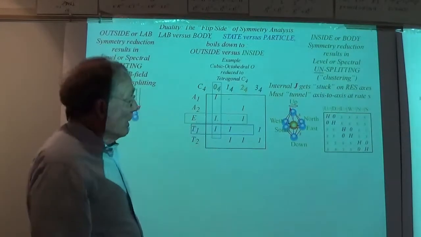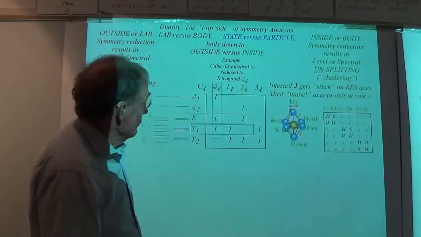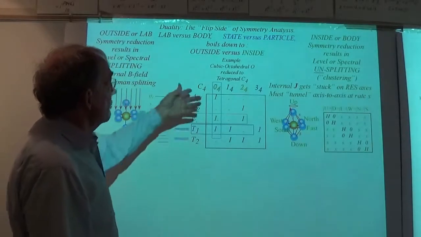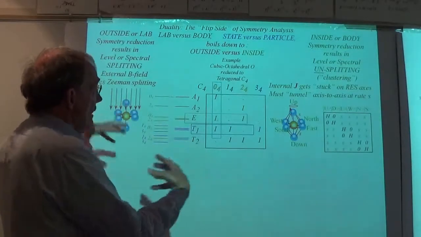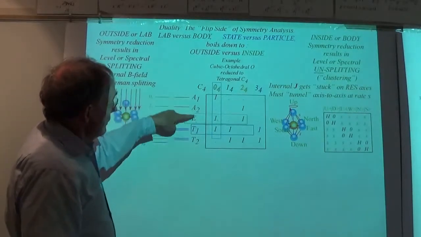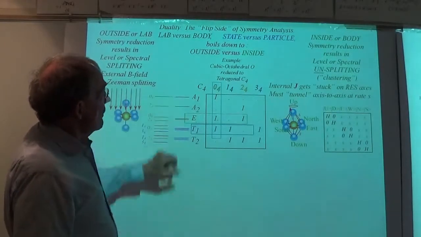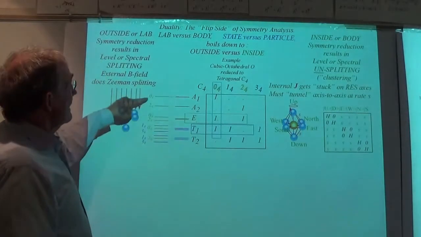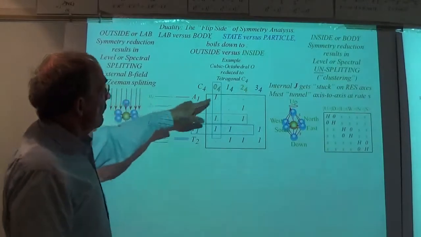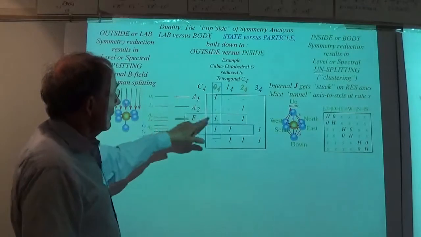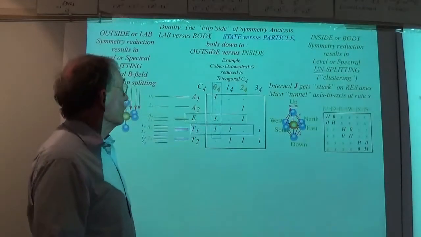That is the ordinary kind of splitting that you would normally do if you applied a C4 symmetry field from the outside: you would split these levels that could be split. The singlets, of course, would do nothing but get relabeled 0 mod 4 and 2 mod 4 by this table. The E would get split and relabeled into a sum of 0 mod 4 and 2 mod 4.